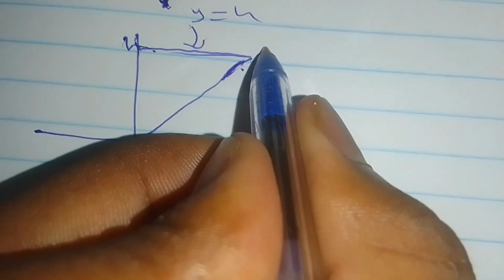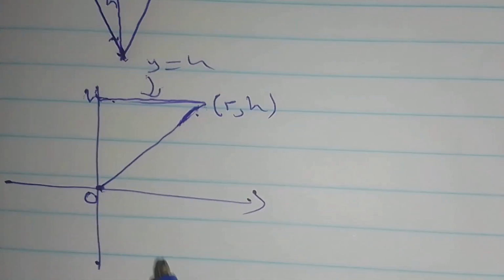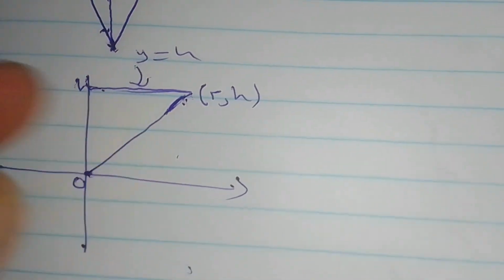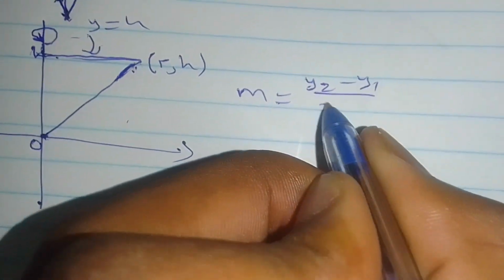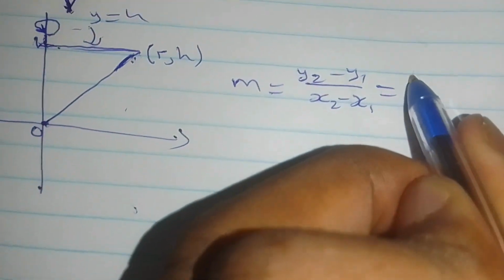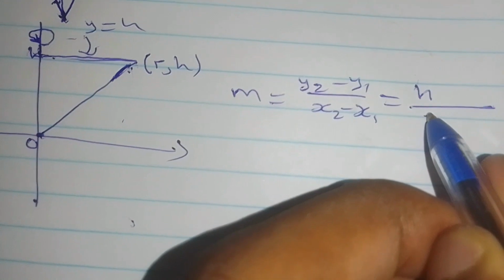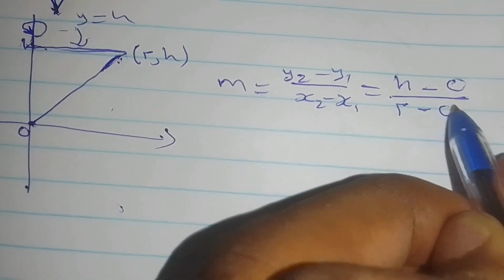And then here, let's say we have a coordinate (r, h), right? We have a coordinate (r, h) because here we're just gonna have a radius r, and as we've already guessed, we'll be rotating about the vertical axis. And then from here, let's find the gradient. m equals (y2 minus y1) over (x2 minus x1), where y2 is h and x2 is r, y1 is 0, and x1 is 0.